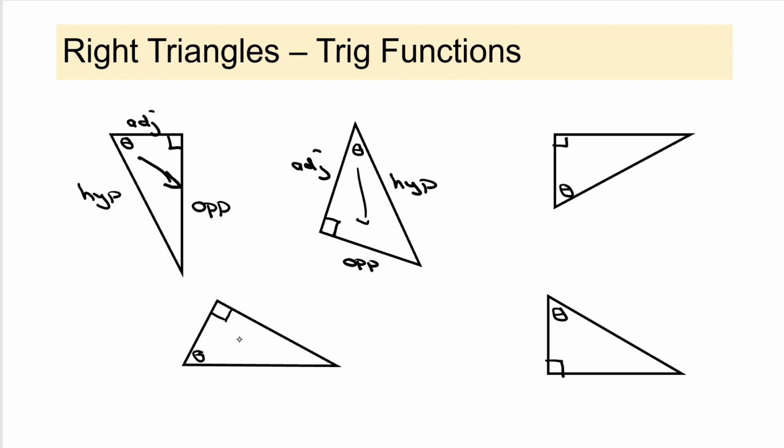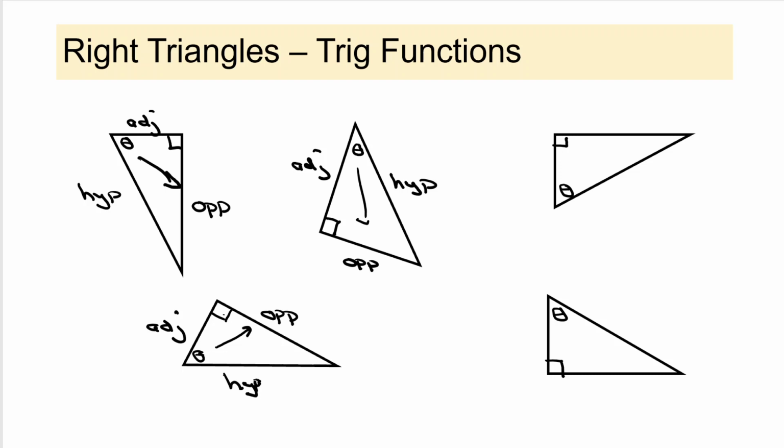Here I've got one where the hypotenuse is actually at the base level. Opposite my right angle is my hypotenuse, so it's on the ground. Opposite theta is my opposite side. And I've only got one other side left, and it's touching theta, but not the hypotenuse, so that's adjacent.